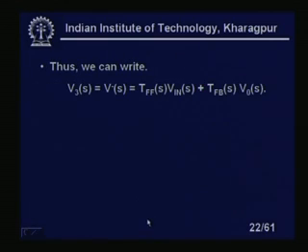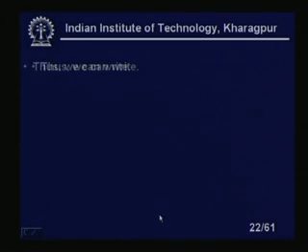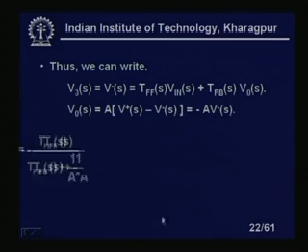Now, we can write here also as before V3(s) equal to V minus (s), which is 0 obviously, TFF(s)... no, it is not 0 because it is a negative feedback topology. Let us look at it, V plus is 0, right. So, V3(s) equal to V minus (s) equal to TFF(s) into Vin(s) plus TFB(s) into V0(s).